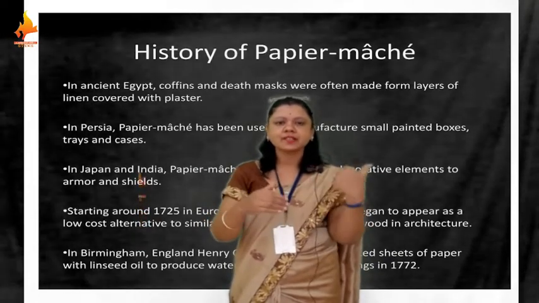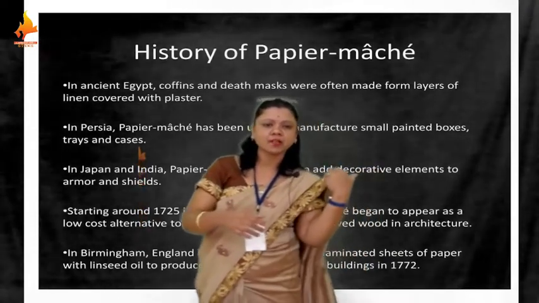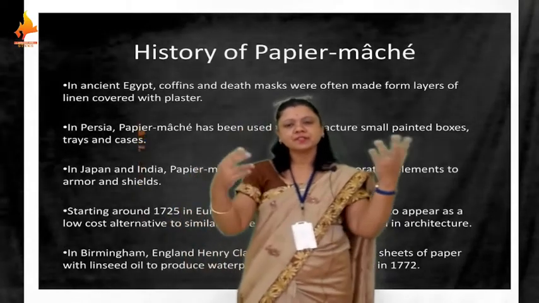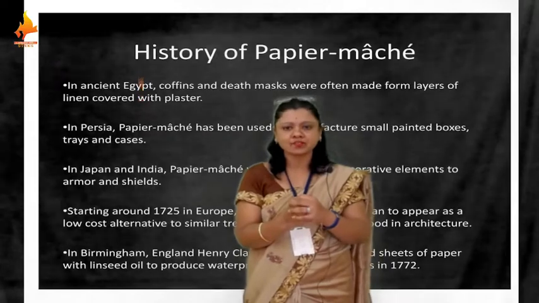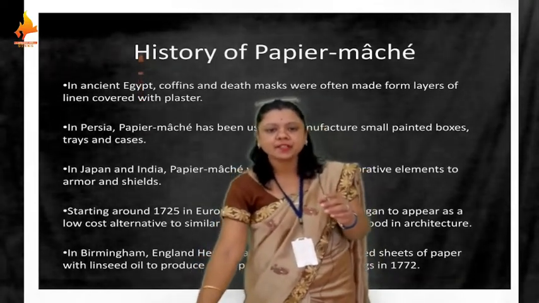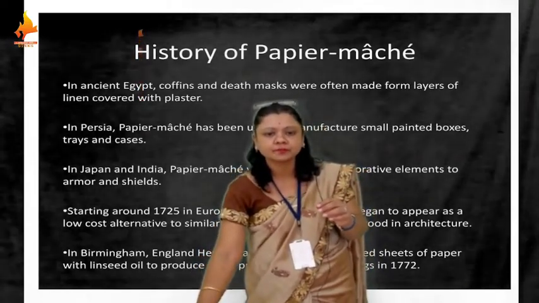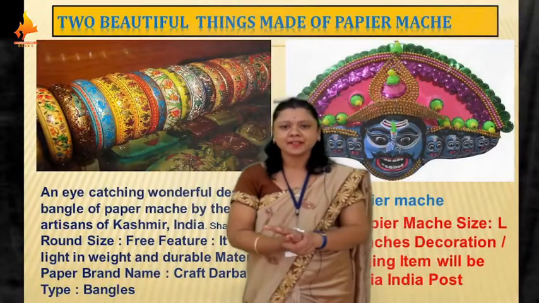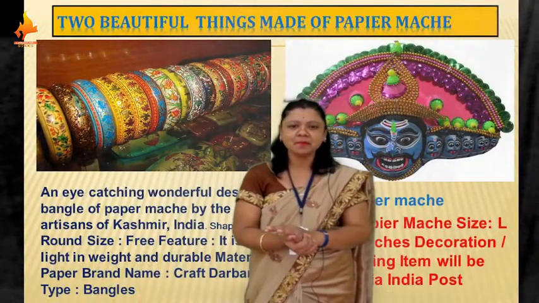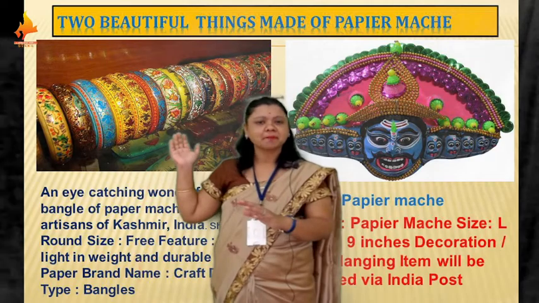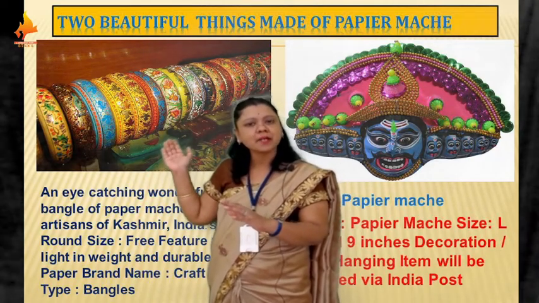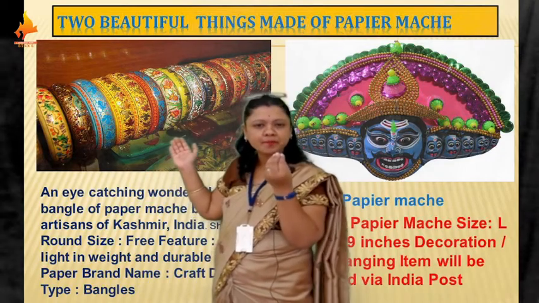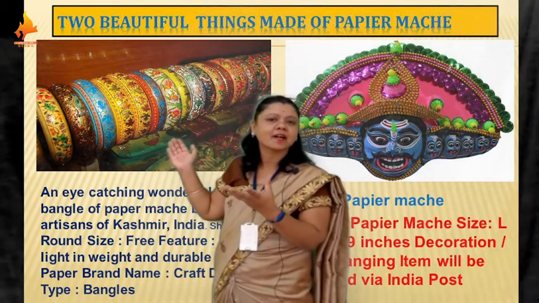Okay, so like this in Persia, in Japan, in India, different kinds of uses of paper mache are there, right? If we take the example of India, my dear students, very famous bangles are there. These bangles are made of paper only. So beautiful bangles are there.